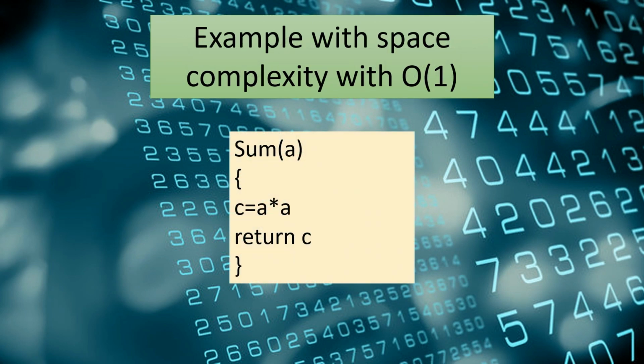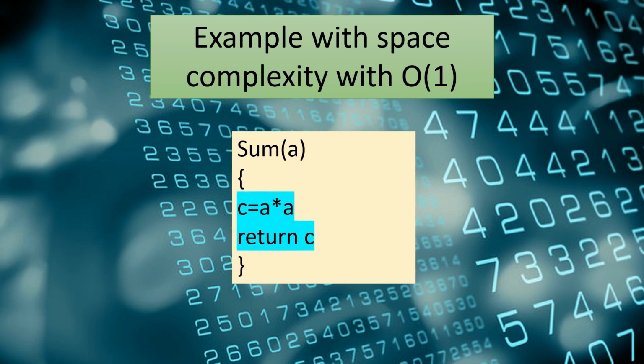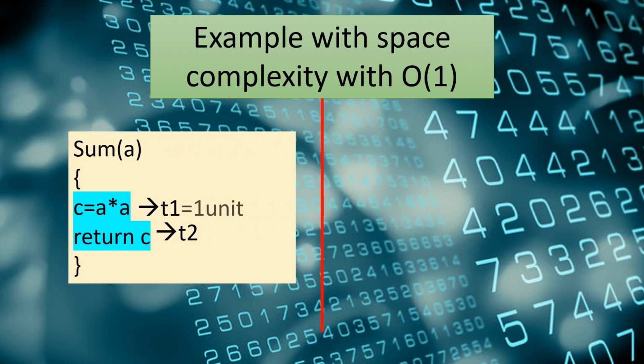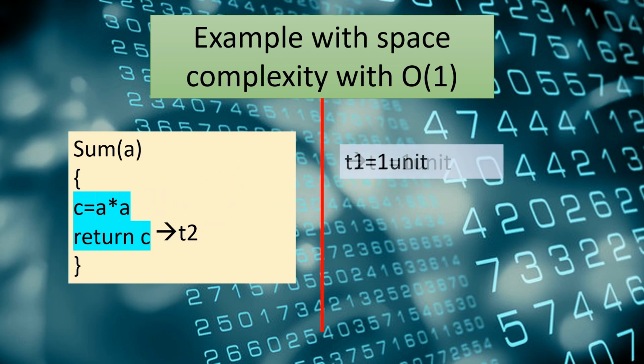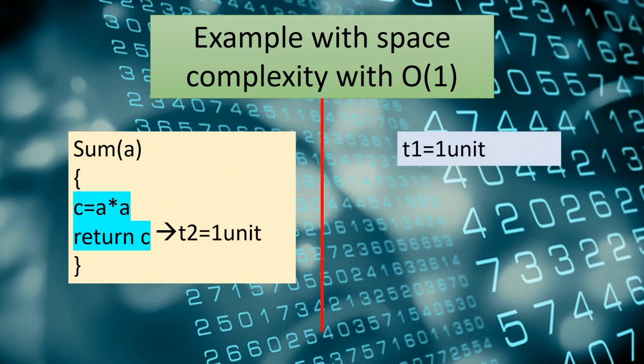For example, let us take a simple algorithm which gives the square of a number. Step 1. Identify all the operations performed by the algorithm. Let us assume operation 1 takes t1 time and operation 2 takes t2 time. Let us assume t1 equal to 1 unit and t2 equal to 1 unit.